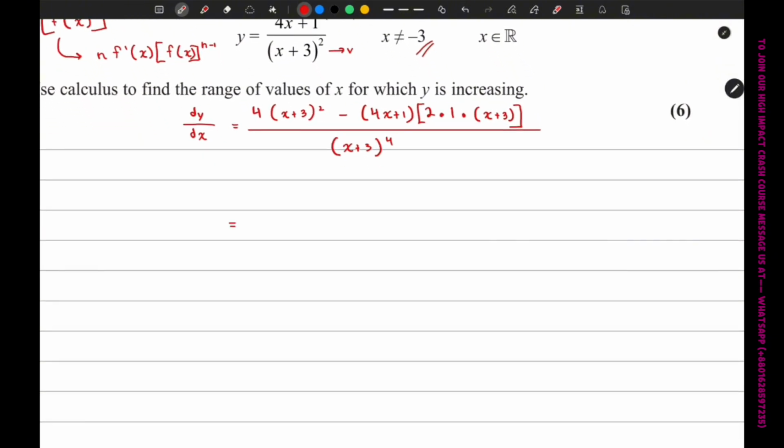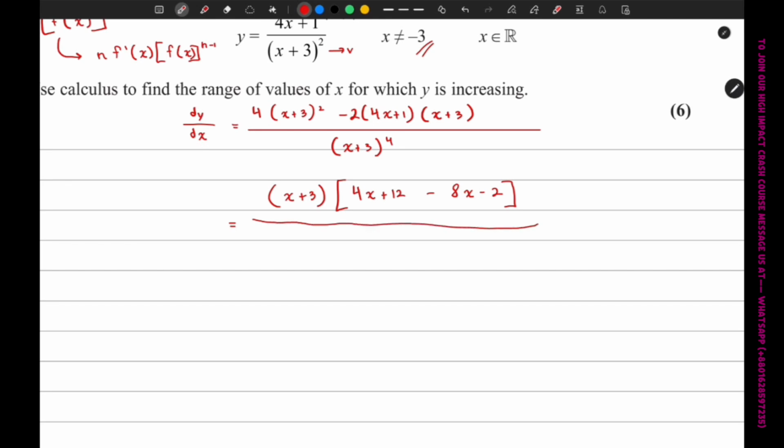Now let's simplify this so that this becomes much easier. So if we simplify this value, this will be minus 2 times x plus 3. And if you take x plus 3 as common from the numerator, because x plus 3 is in both of these terms, so this will be 4x plus 12 minus 8x minus 2, divided by x plus 3 to the power 4.